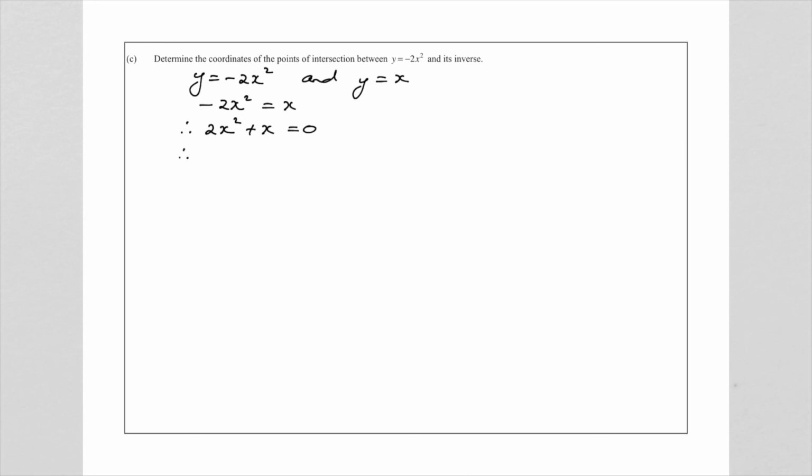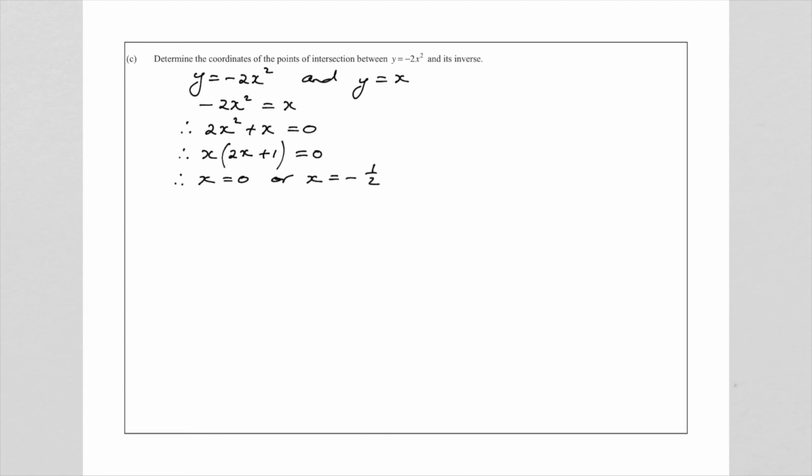Now we can take out a common factor of x, because this is a quadratic equation, which is what we expect because we need 2 answers, and a quadratic equation will give you 2 answers. So which will give us 2x plus 1 equal to 0. And now we can solve x. So x is 0 or x is negative a half.